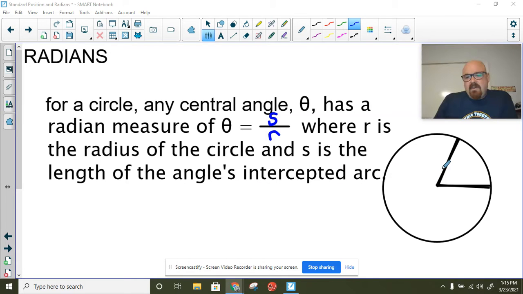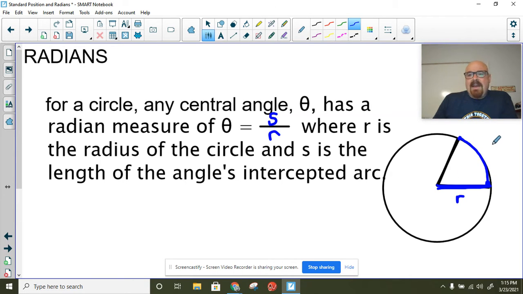Okay, so here's one way to look at this, and there's a really nice animation of this embedded in the lesson right after this. Take a look at this angle right here, this distance right here, if we call that R. And then we mimic that distance around the circle here.